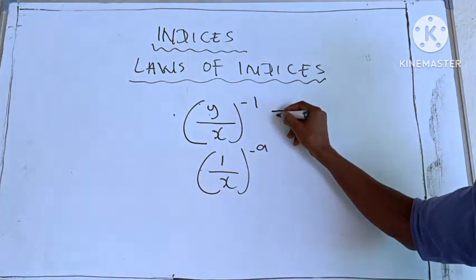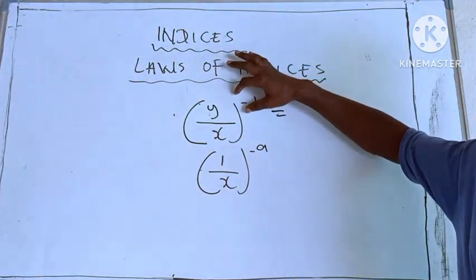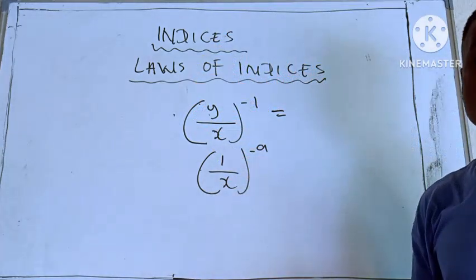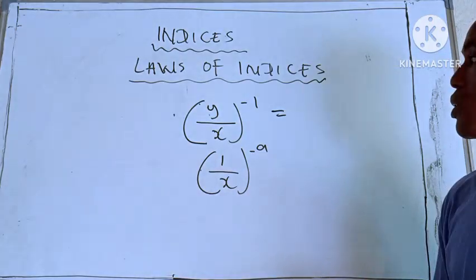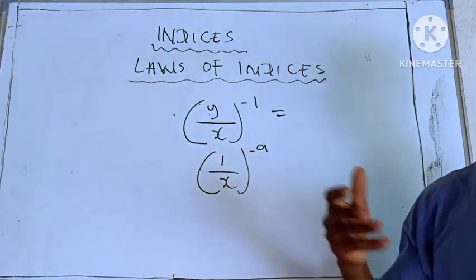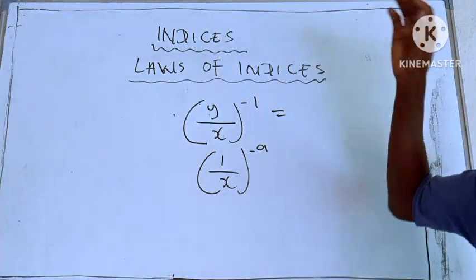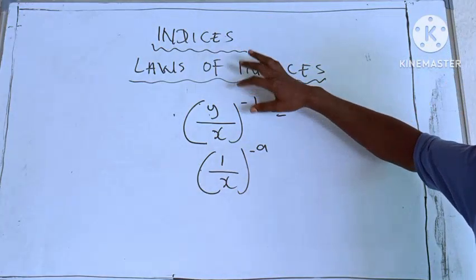Now, you want to remove this minus sign, because without removing it, you'll be confused when solving, or you might end up getting a wrong answer. So the best thing to do is to remove the minus sign. Are you getting me?